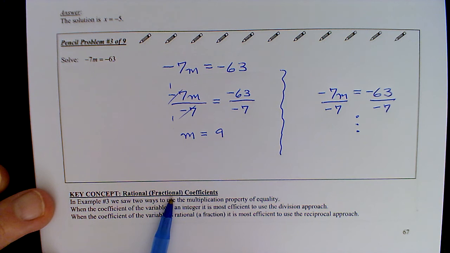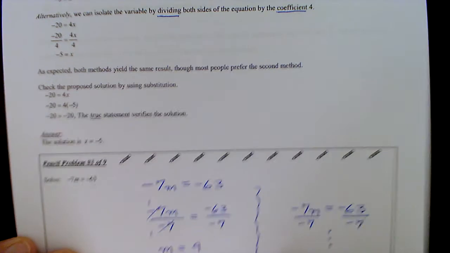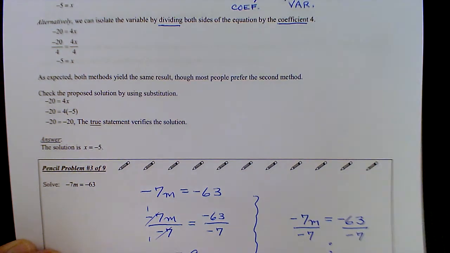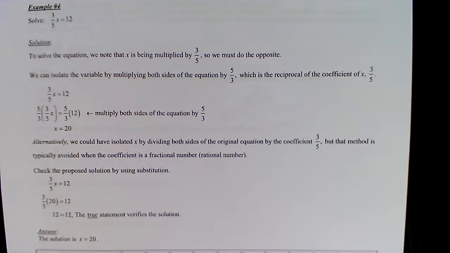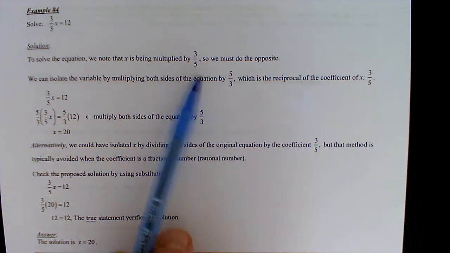Now, when we have rational or fractional coefficients, there's a couple different ways you could proceed. Actually 3, and we only showed you 2 in our example. We showed the concept of the reciprocal again.